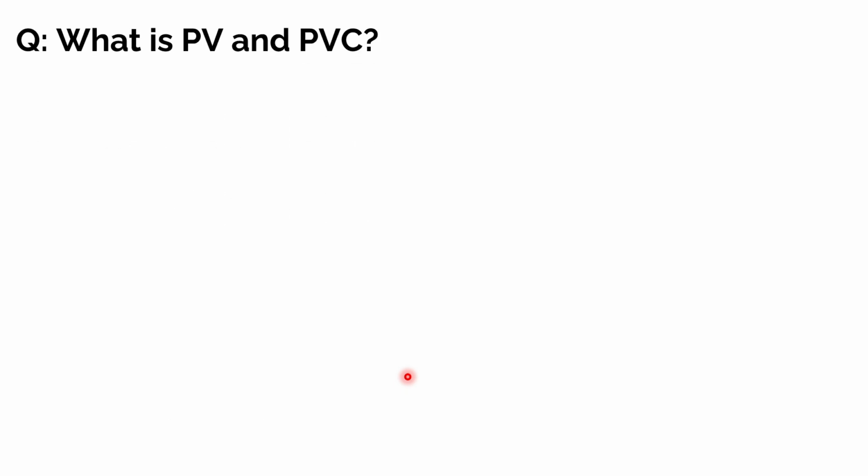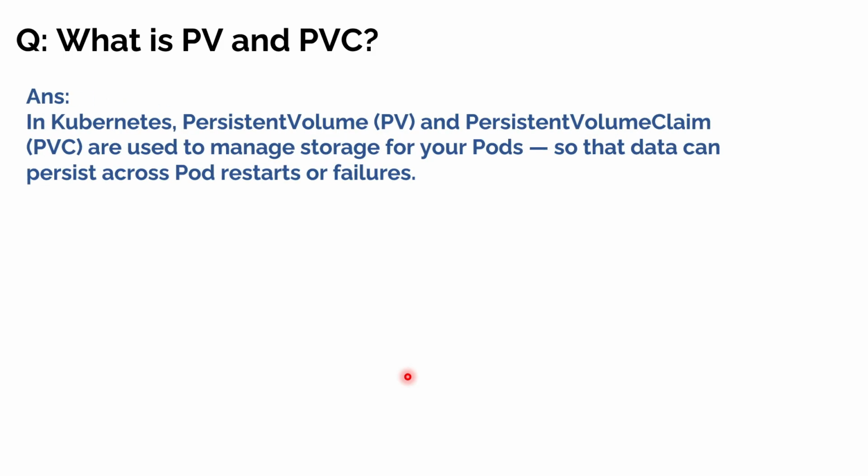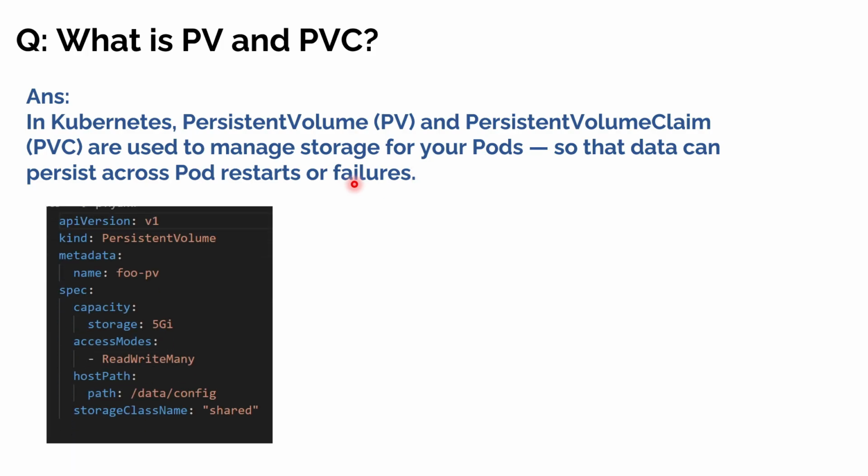Next question. What is PV and PVC? Another important question. Persistent Volume, Persistent Volume Claim. A Persistent Volume and a Persistent Volume Claim are used to manage storage of your pods so that data persists across pod restart or failure. So it's popularly used with StatefulSet, right? So this is a Persistent Volume Claim. So I'm saying please have my persistent volume of 5 GB with this path in shared mode, right?